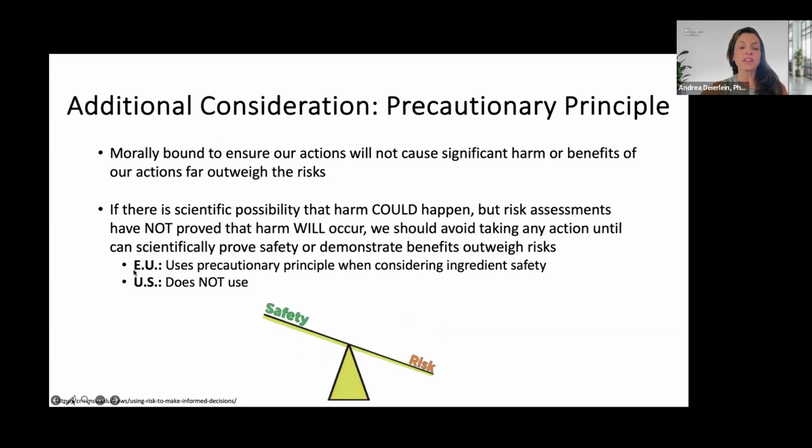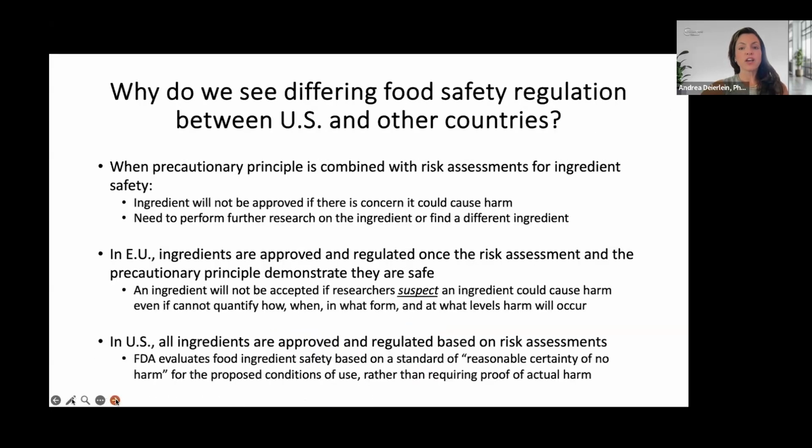And so with the EU, when they're looking at ingredient safety, they include the precautionary principle when evaluating and doing their risk assessment, whereas in the US, we do not. So this is often why you might see differing food safety regulation between the US and other countries.